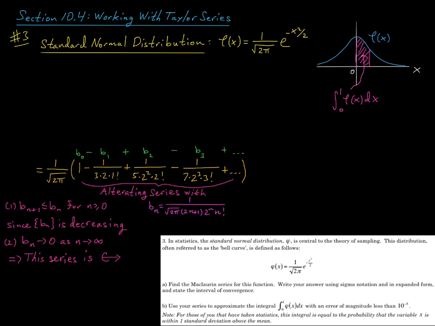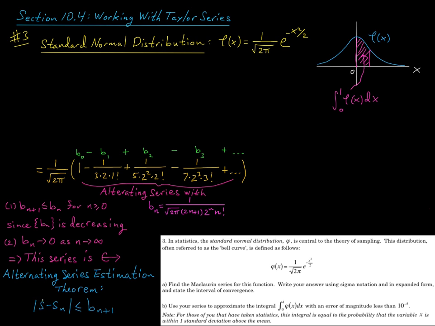Okay? And furthermore, since I know this series gives me the value of this integral, I can go ahead and state an upper bound on the error in my approximation using the alternating series estimation theorem. Okay, so let's recall what it says.